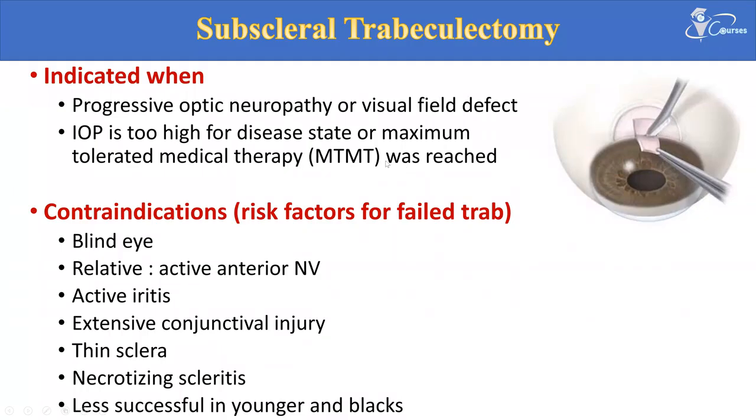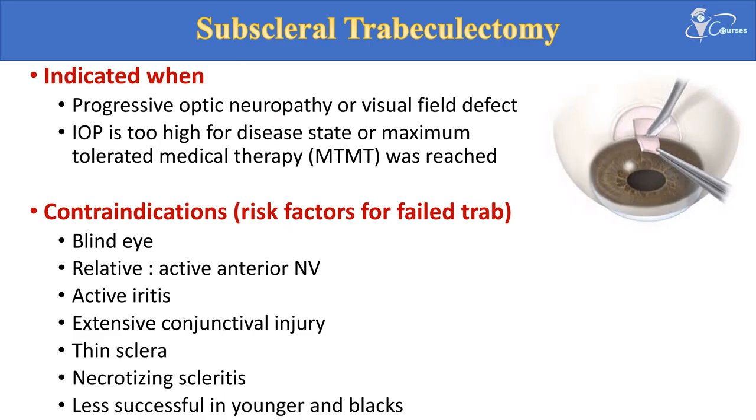So for primary open angle glaucoma, you are giving the full tolerated maximum medical treatment, you are ensuring the patient is compliant, and you don't have any more drug to offer the patient, and still he is deteriorating, and still he is losing his visual field and losing his optic nerve. That's when the subscleral trabeculectomy is indicated.